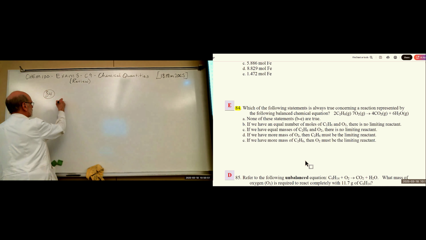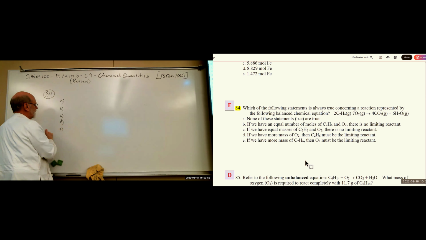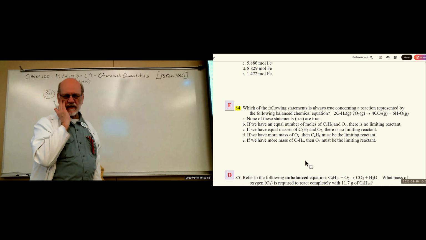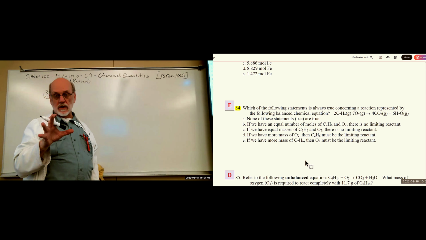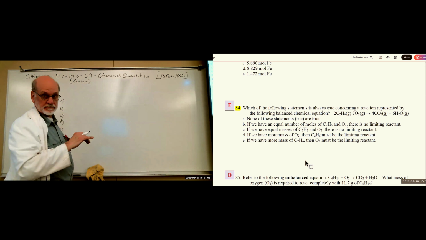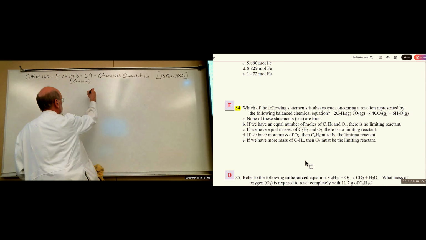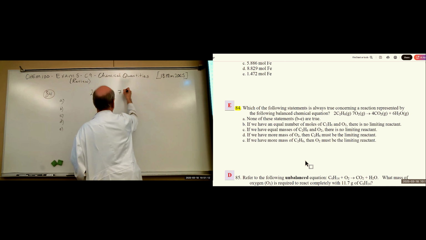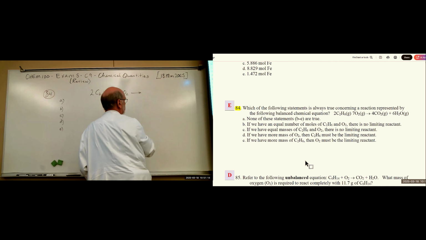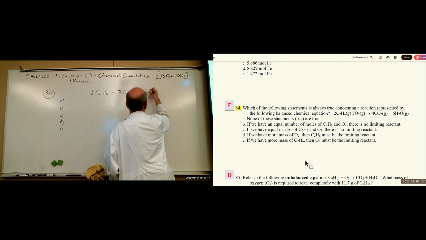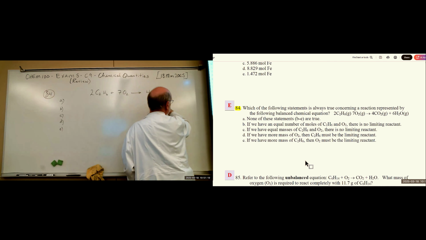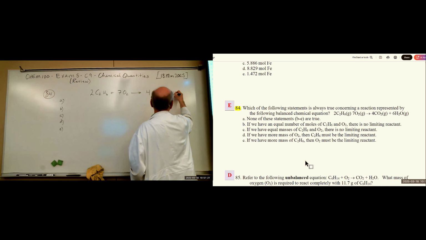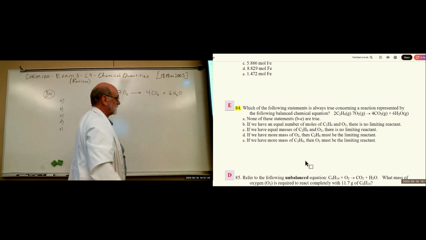Well, since A says none, we'll leave it to last. How about B? If we have an equal number of moles, oh, okay. We need the equation. 2C2H6 plus 7 oxygen yields 4 CO2 plus 6 water.